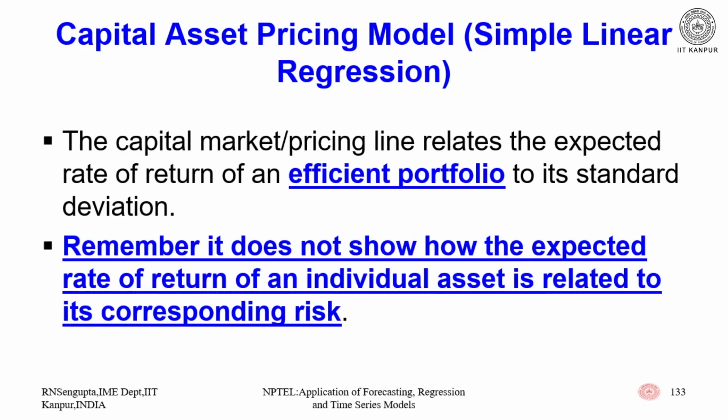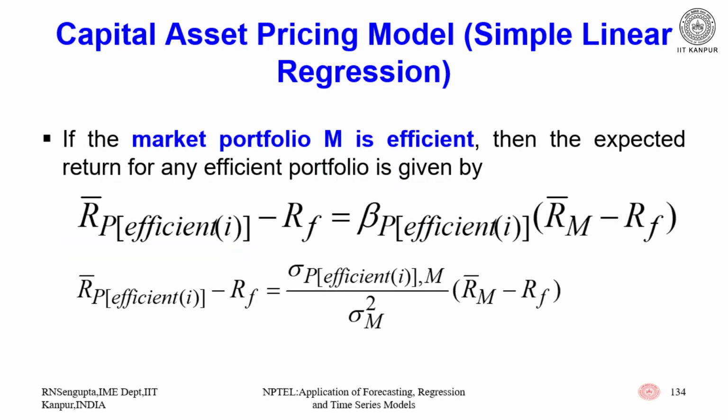The capital market line or the pricing line relates the expected rate of return of an efficient portfolio to its standard deviation. Remember, it does not show how the expected rate of return of an individual asset is related to its corresponding risk. So, if the market portfolio M is efficient, then the expected return of any efficient portfolio is given by this formula.